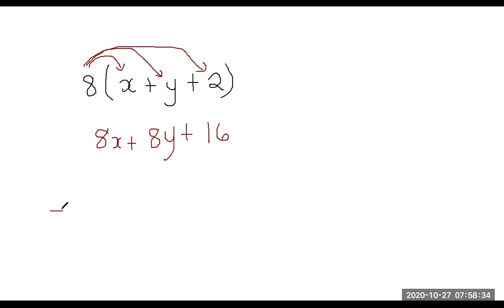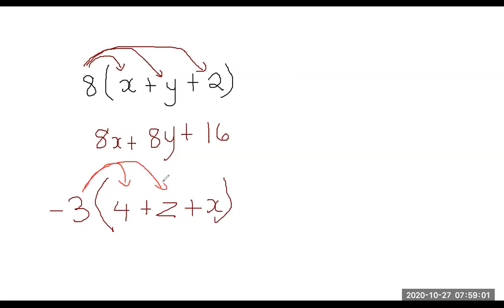Let's do one more. Negative 3 times (4 + z + x). First thing I do is I draw my arrows from the outside term to each term inside.